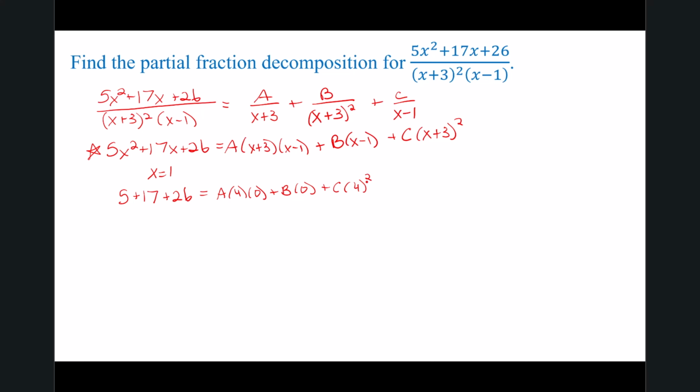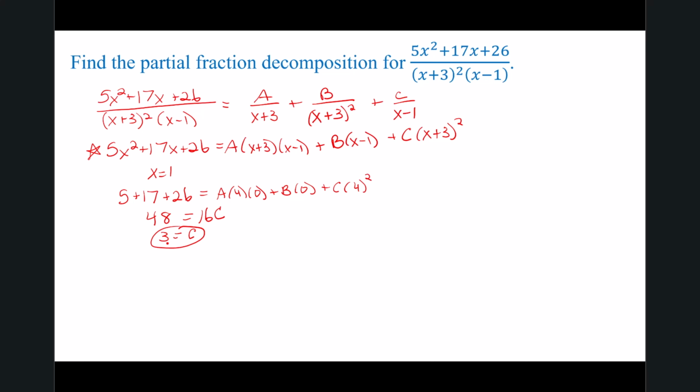Everywhere I had an x, I substituted a 1. Now that left side is 48, and the right side, the A is 0, the B part 0. I'm left with 16C. Divide both sides by 16, and I get C equals 3.